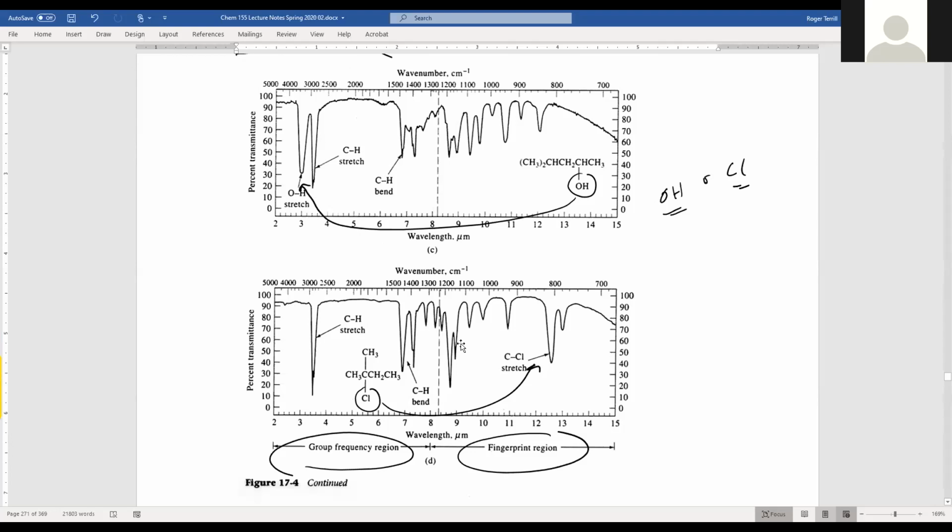In this case, Cl is a heavy atom, so it shows up at low frequency here.